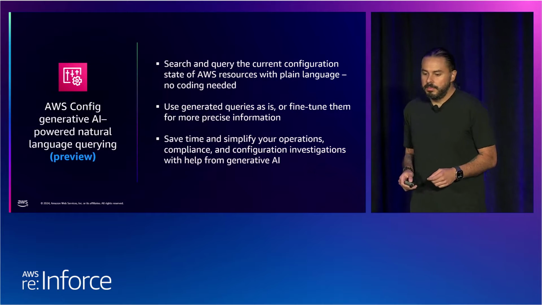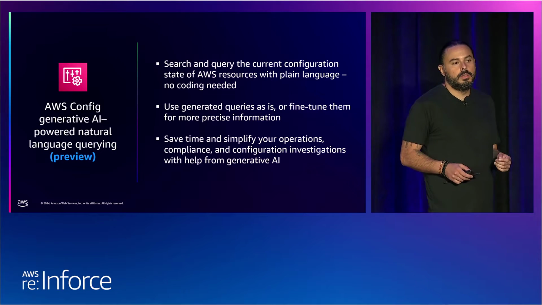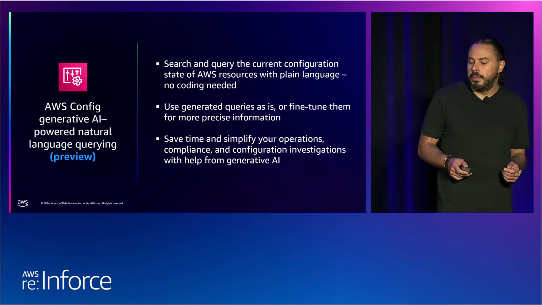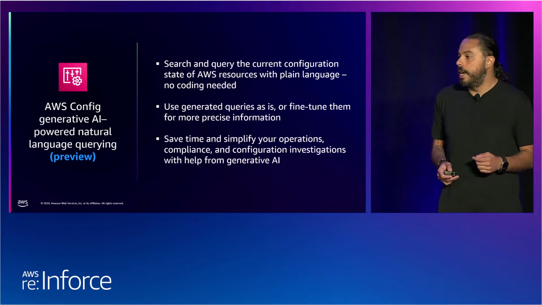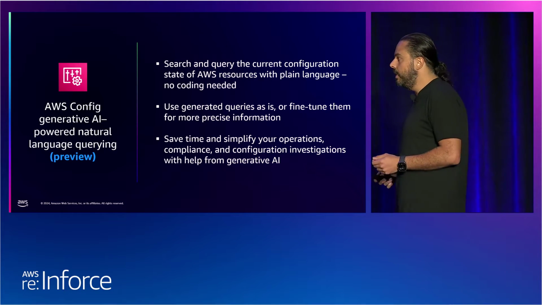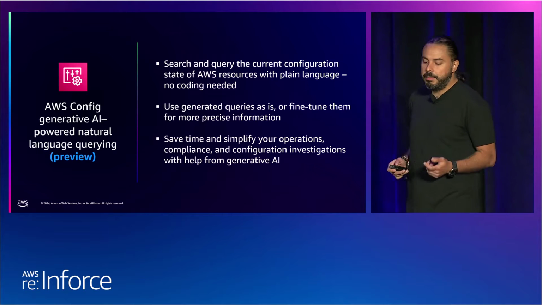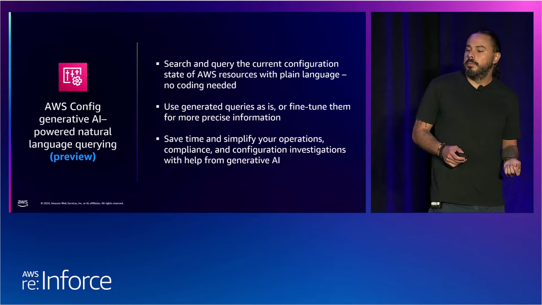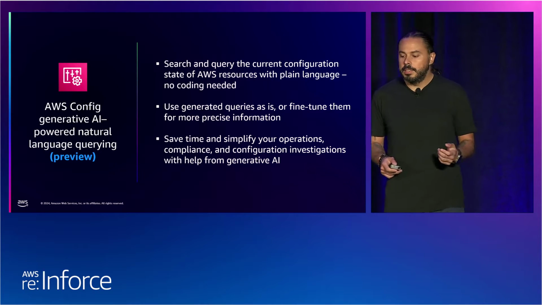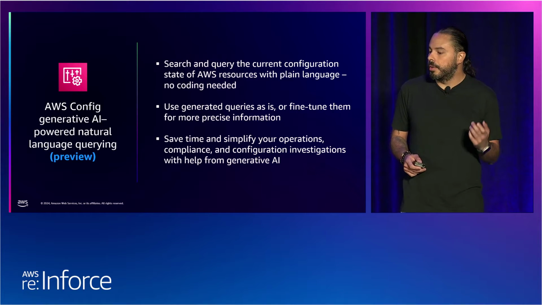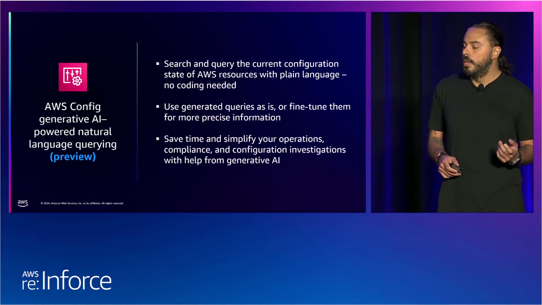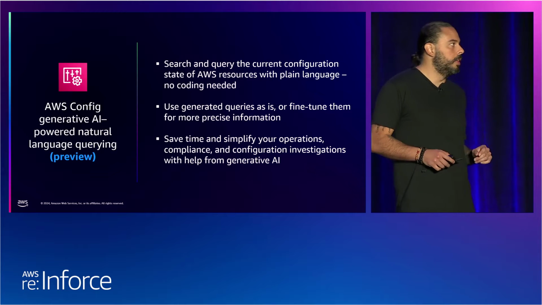So she keeps reading, and she finds out that there's also a new feature that was released on AWS at re:Invent last year: AWS Config generative AI-powered natural language query. What this allows her is to search and query the current configuration of the AWS resources using plain natural language, right?